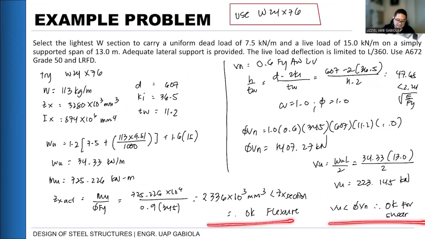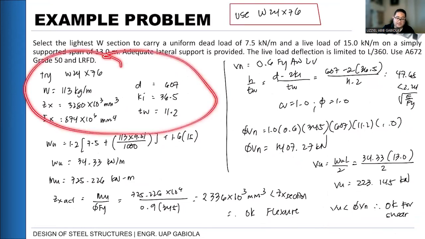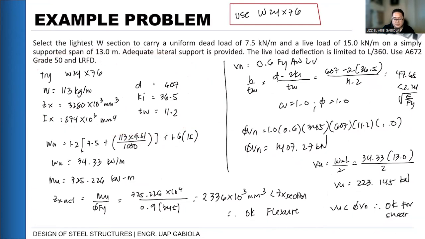And of course, since this is based from the requirement of the deflection, pasado na din siya sa deflection. So, therefore, use natin tong section na to. Okay? So, yan. So, ganyan po yung pag-select o pag-design ng beam natin when subjected to SDL natin o superimposed loadings natin. Okay? Question?